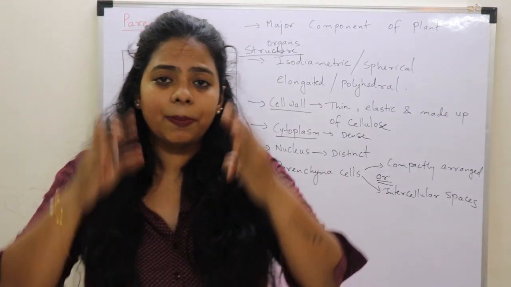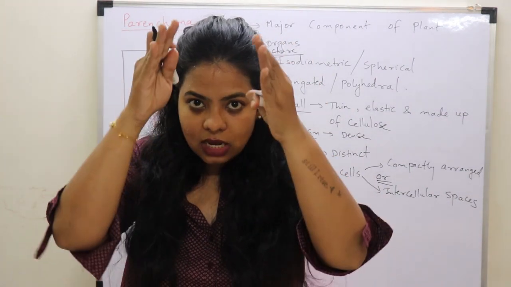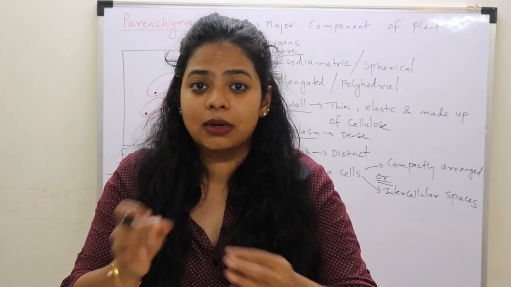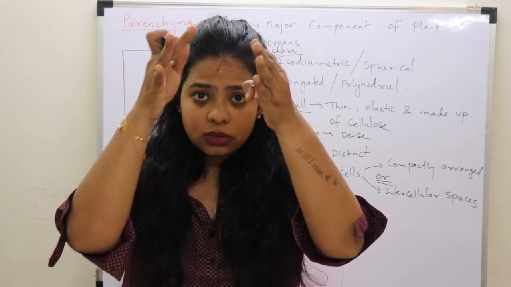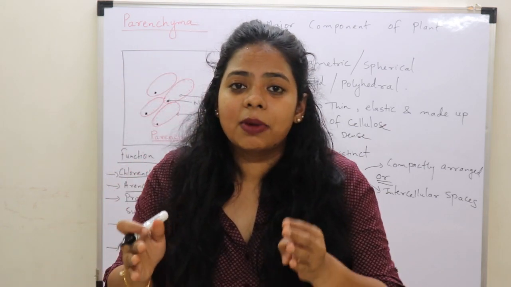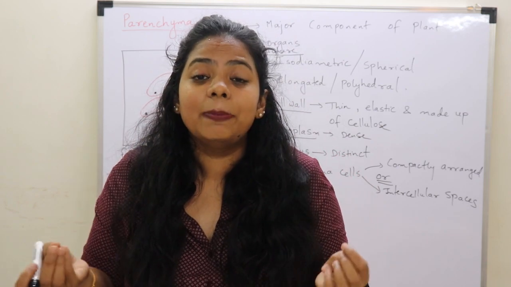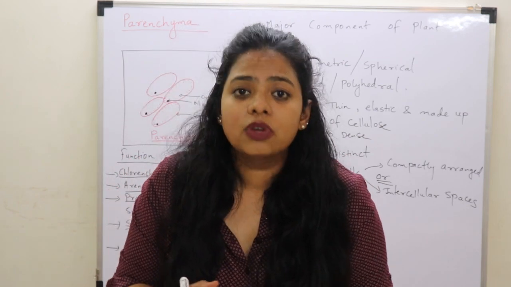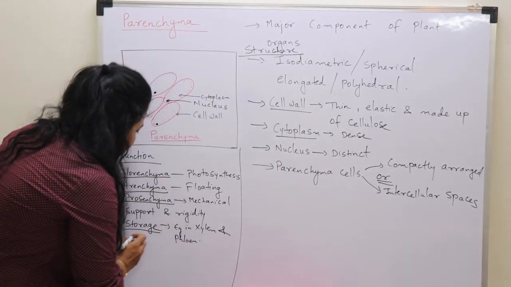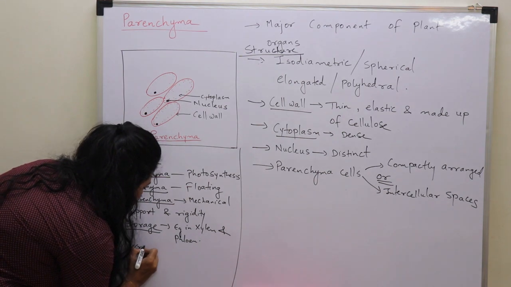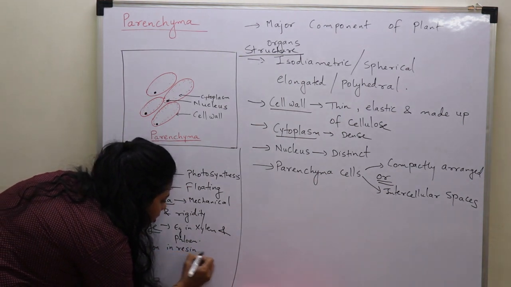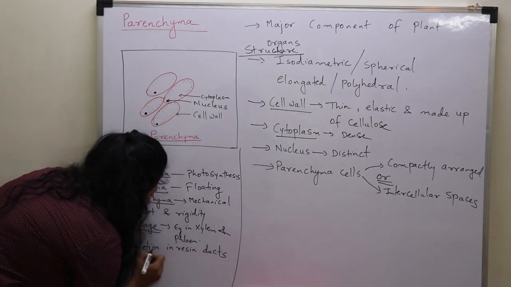For example, if the parenchyma cells are present in the internal lining of the resin duct, you all know resin is a secretory substance released in some plants. That parenchyma will help in secretion. So the last function which we are learning here is secretion, which occurs in resin ducts.